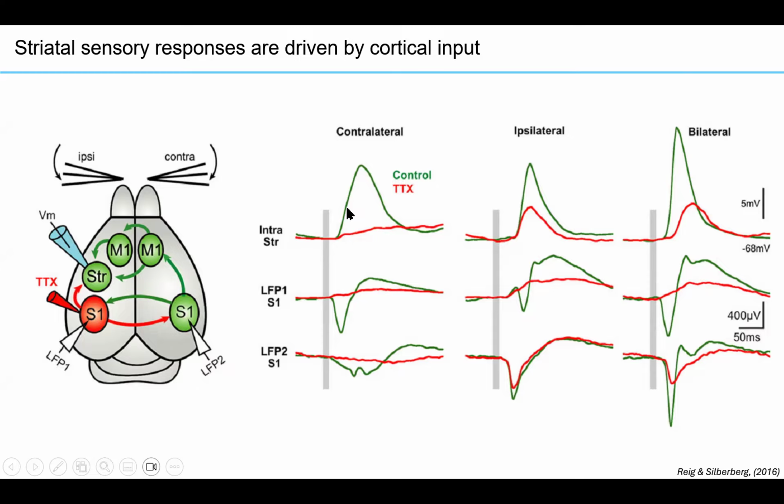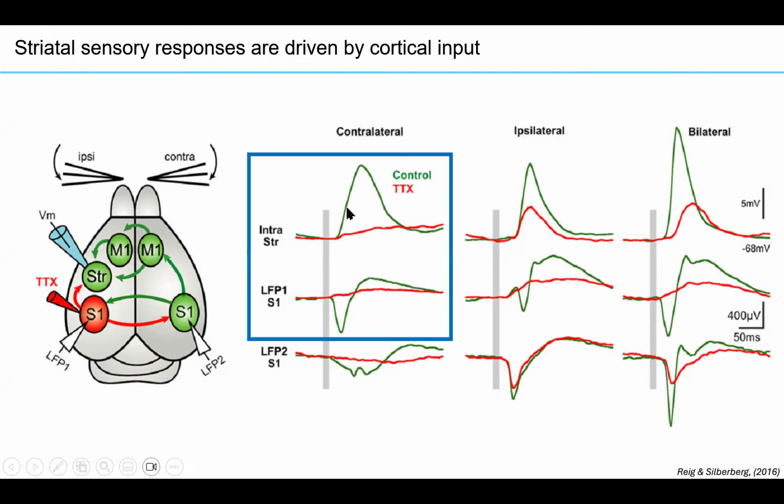All the other connections are cortico-cortical, and eventually what drives the striatum is the ipsilateral connection from S1 to the striatum. And here we can see what happens to both the LFP and the synaptic responses when we apply TTX locally in the somatosensory cortex.